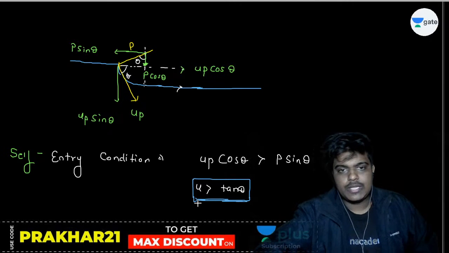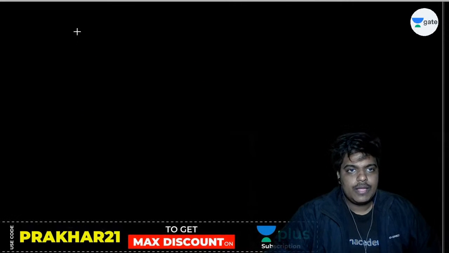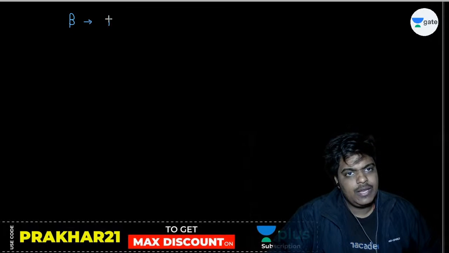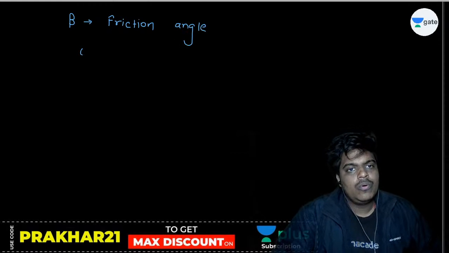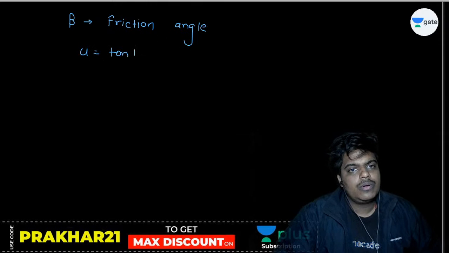एक छोटी सी चीज और देख लो। If beta is the friction angle, you know mu is equal to tan beta.